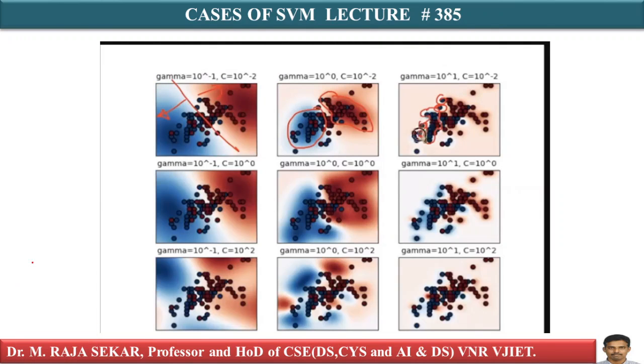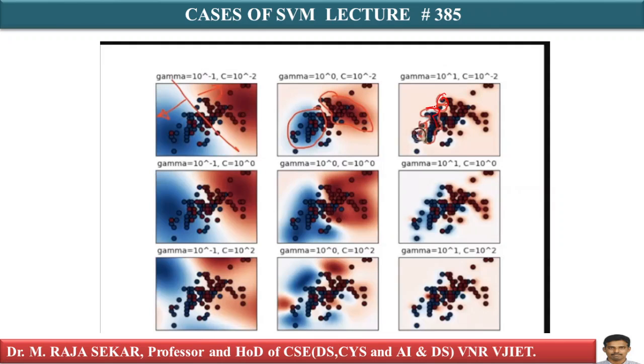I will repeat. What's happening here? As gamma increases further or sigma reduces further, it gets tighter and tighter, literally overfitting. This is overfitting, isn't it? As sigma reduces in the RBF kernel, it is literally overfitting.